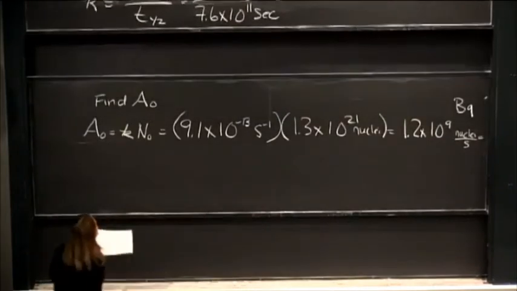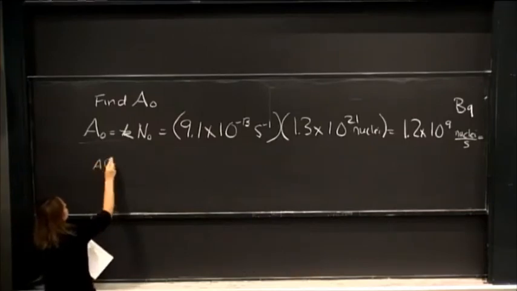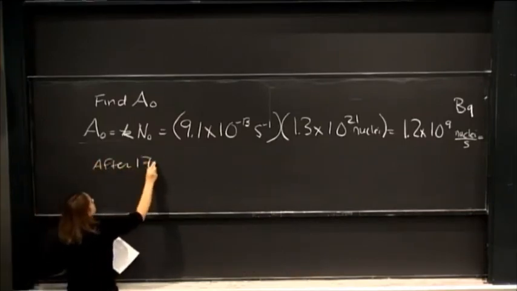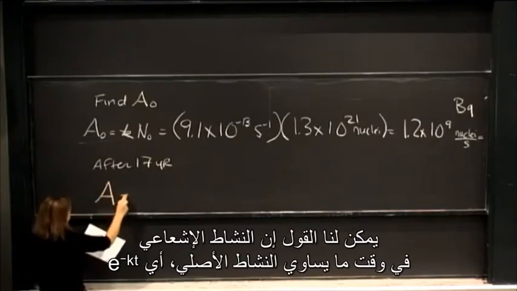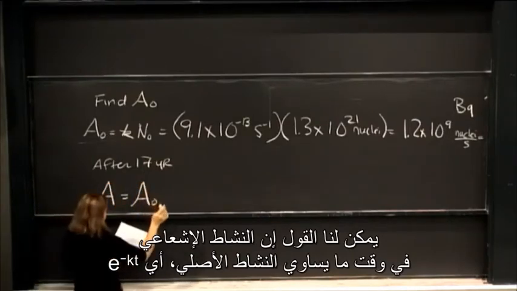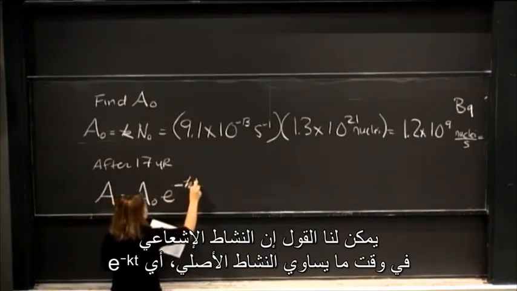Okay. So now after 17 years, we can say that the activity at some time is equal to the original activity, e to the minus kt.